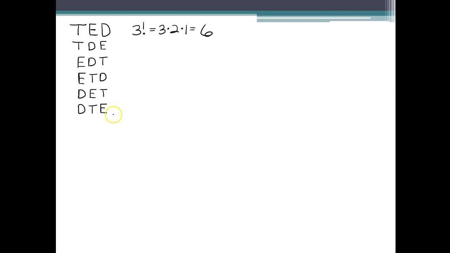The word doesn't have to make sense. So you got 3 factorial, or 3 times 2 times 1, which gives you 6 different ways. And you can actually test that and come up with those different ways. You can say TDE, EDT, ETD, DET, or DTE. So that's 6 ways right there.